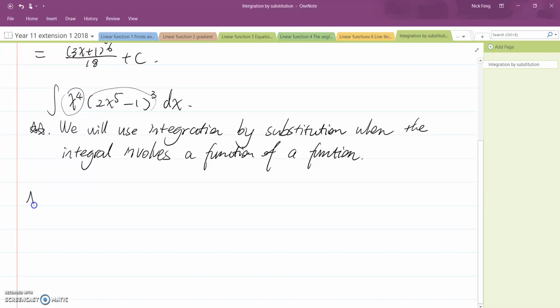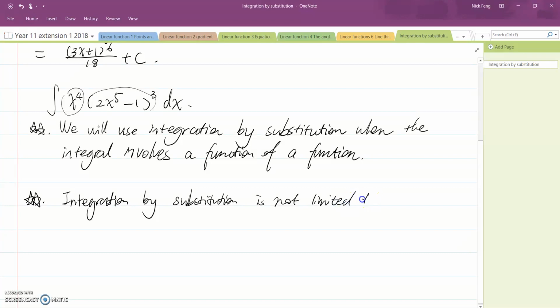And please be aware, integration by substitution is not limited to power functions only.